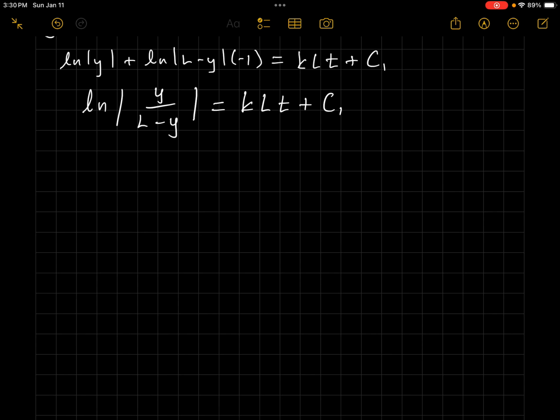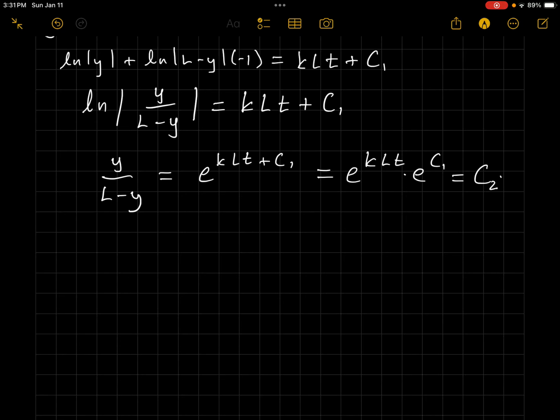We do e to both sides, which gives us y over L minus y equals e to the kLt plus c1, which we could write as e to the kLt times e to the c1, or c2 times e to the kLt.